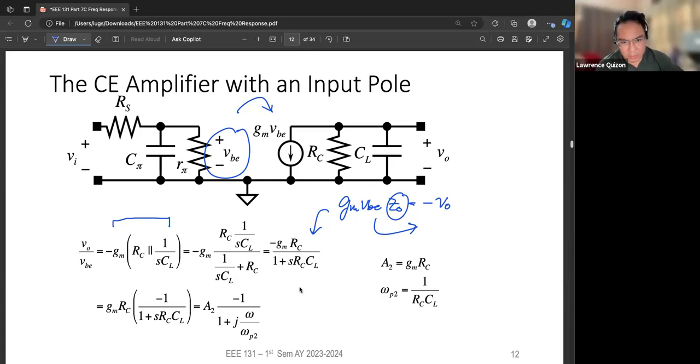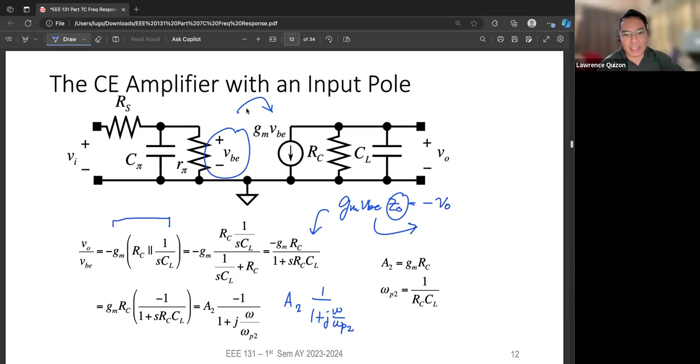And now this form becomes an A0, or okay, well, we've overused the 0 number. It's an A2 now. It's an A2 with a pole. A2 is gmRC, and the pole is 1 over RCCL, which is something we already know.